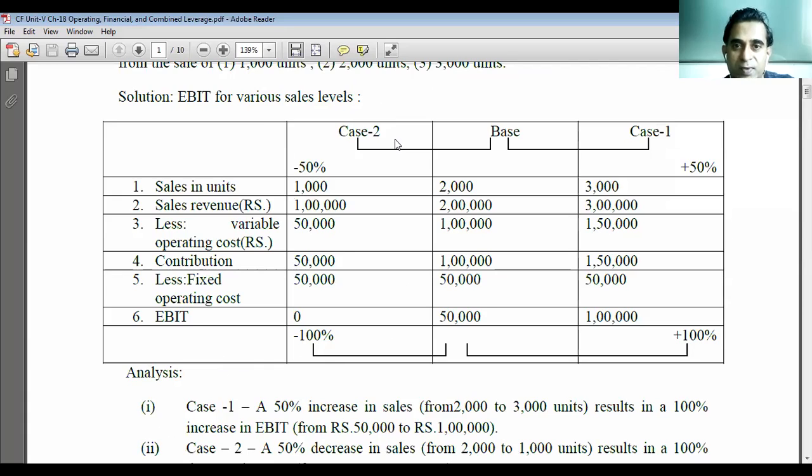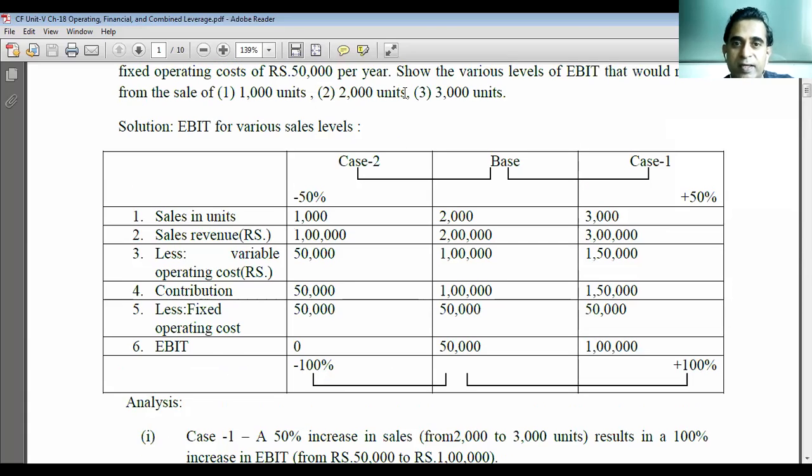In the second case, the sales decreased from 2,000 units to 1,000 units, a 50% decrease. The EBIT at base level has decreased to 0. Yes, a 100% decrease in EBIT. Yes, it is true. A 1% decrease in sales has resulted in a 2% decrease in EBIT. So a 50% decrease in sales has resulted in a 100% decrease in EBIT.